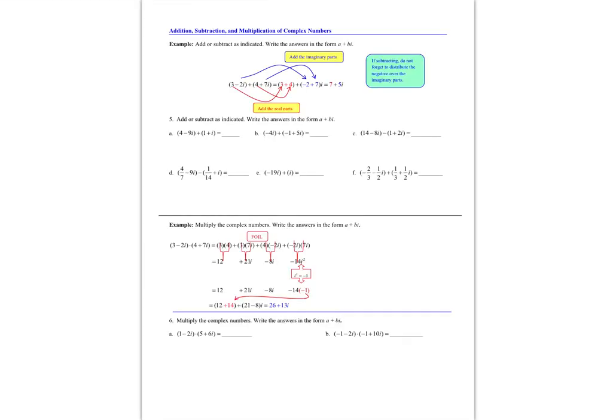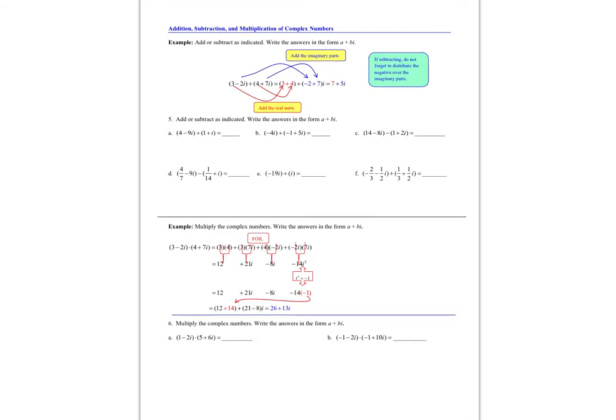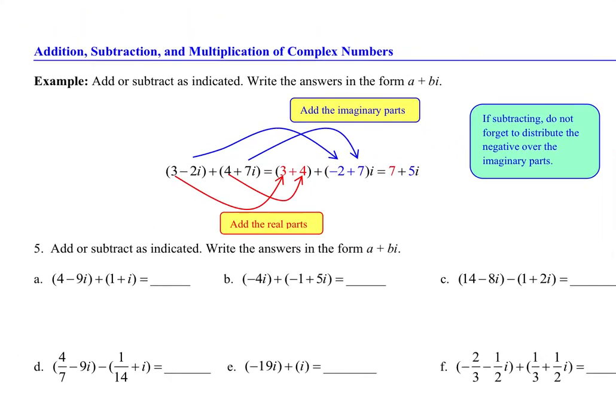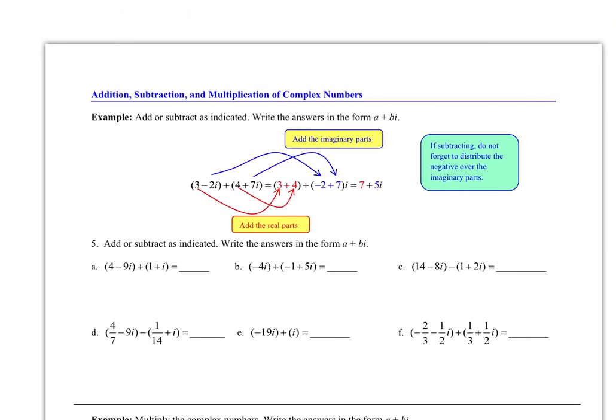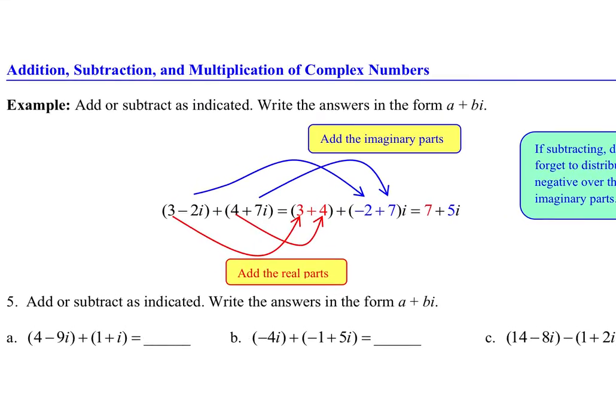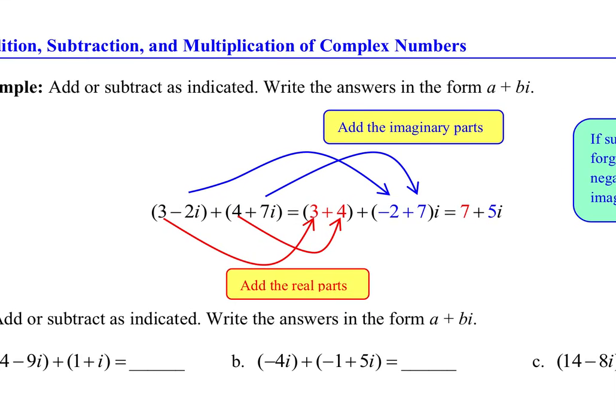So now let's talk about the addition, subtraction, and multiplication of complex numbers in that order. Okay, so we're going to start with addition. We got part A and B, and part F. E and F look like they are addition. So basically what you do, if you have a 3 minus 2i plus a 4 plus 7i, you combine your like terms.